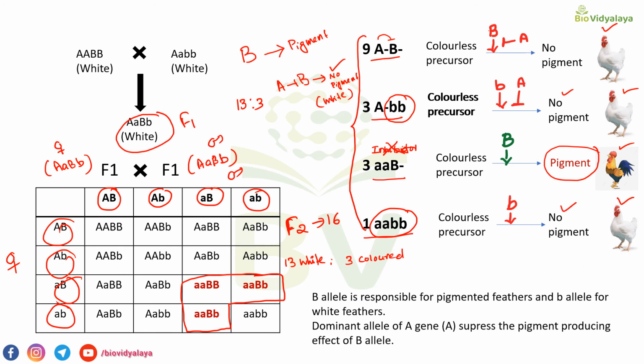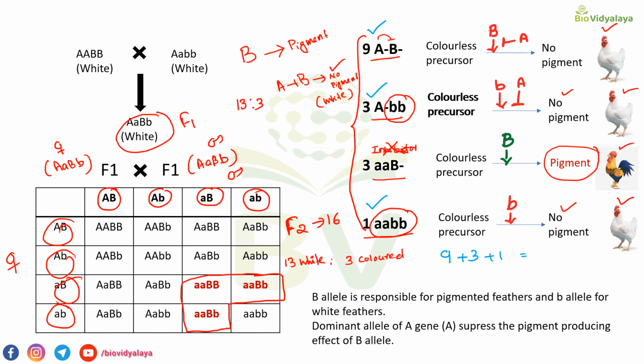So here you can see that this one is white, so 9, this one is white, so 3, this one is also white, so 1.